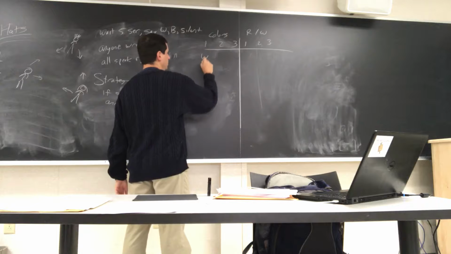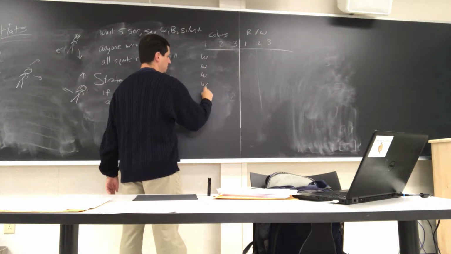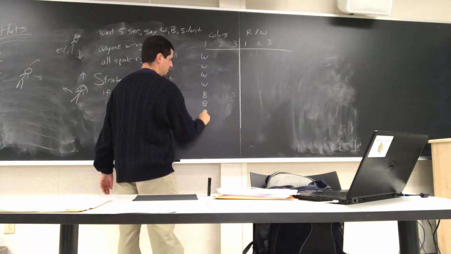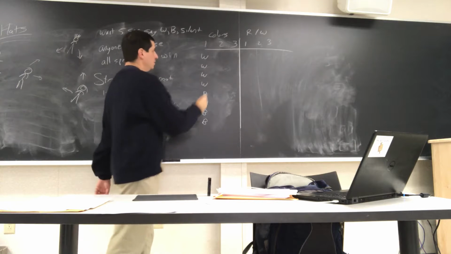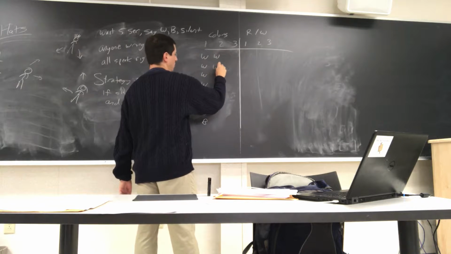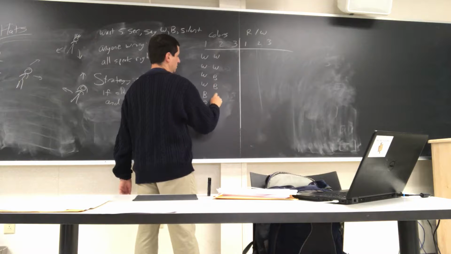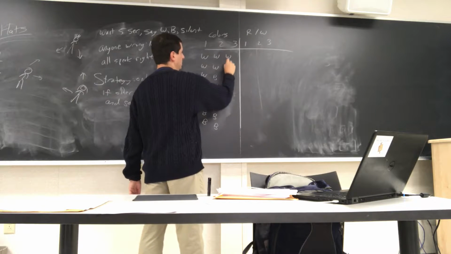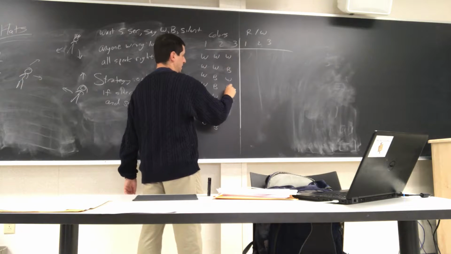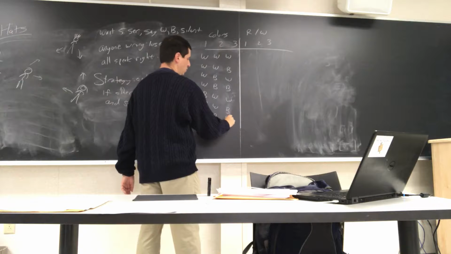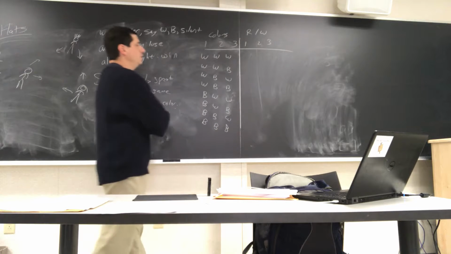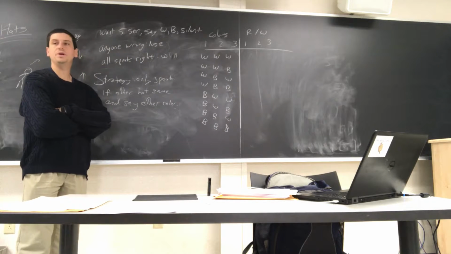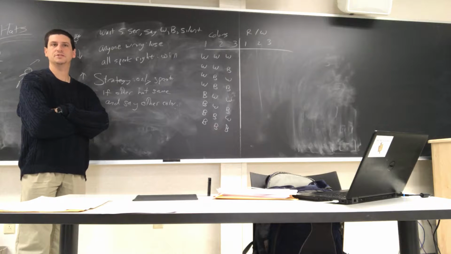So I'll go white, white, white, white, black, black, black, black. Then I'll go white, white, black, black, white, white, black, black, white, black, white, black, white, black, white, black. There's many ways you could have done it. This is just one way that's guaranteed that I won't miss any cases.